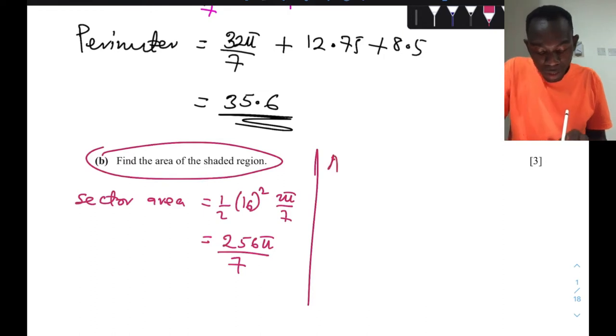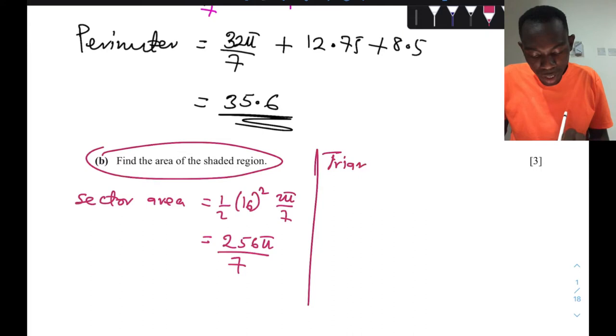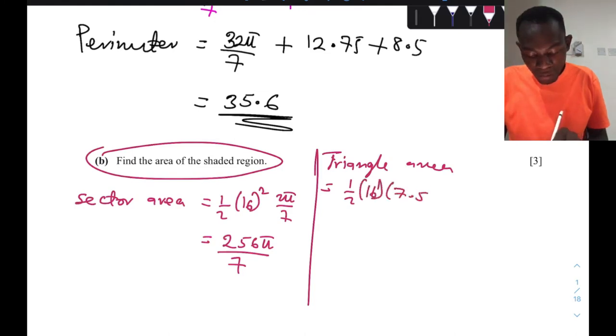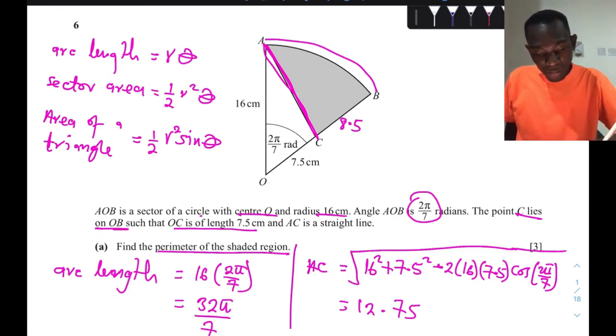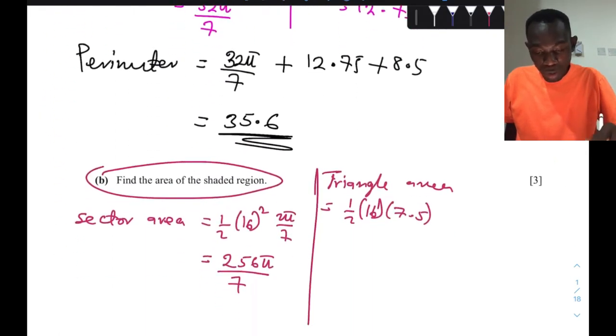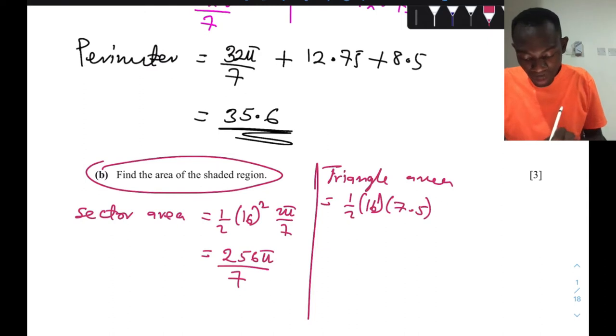Then you find the triangle area. Triangle area will be equal to half times 16 times 7.5. This is what you are doing: half this side times that side times sine of the angle in between them. So times sine 2 pi over 7.